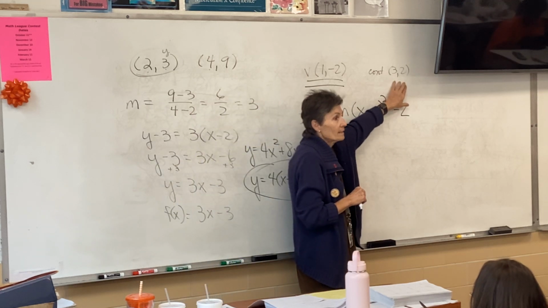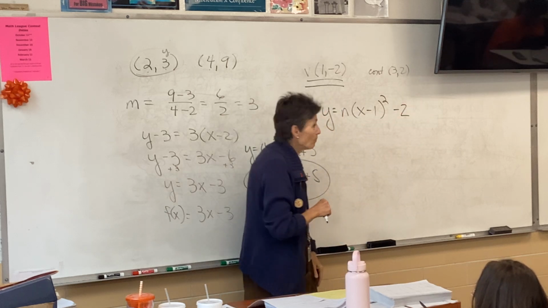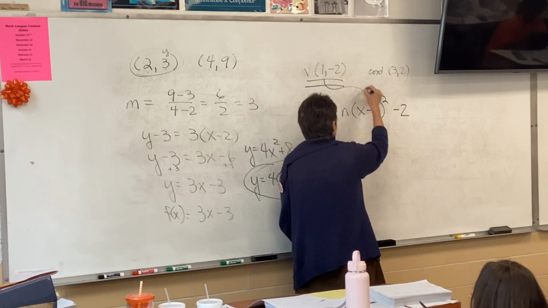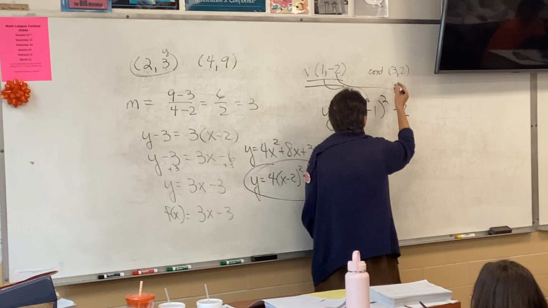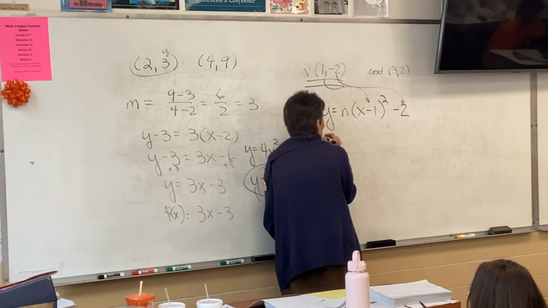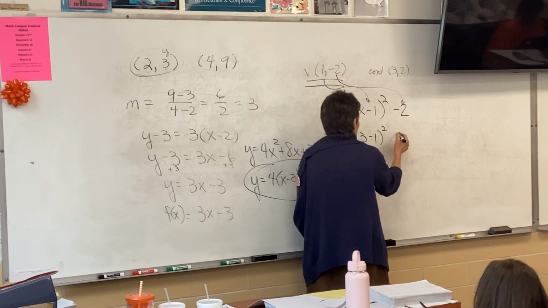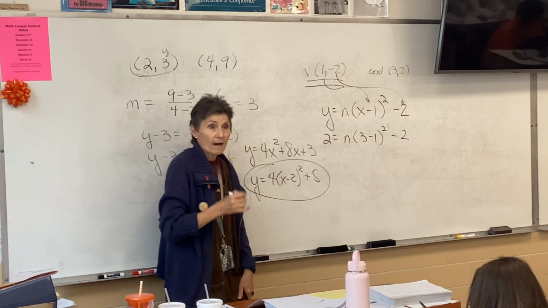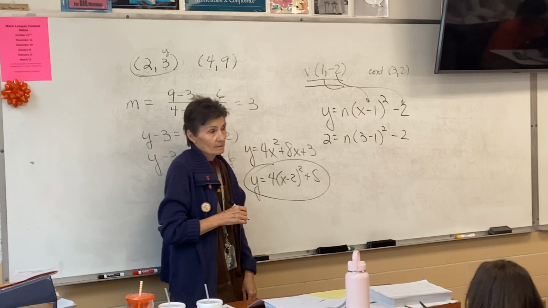We plug in the other point. The other point they gave us, this is not the vertex. The vertex goes into the equation. This guy, you plug in 2 for y and 3 for x, and then you can work it all out and figure out what n is.